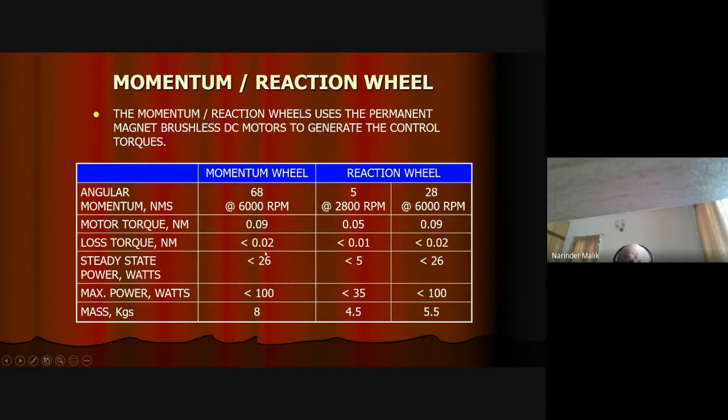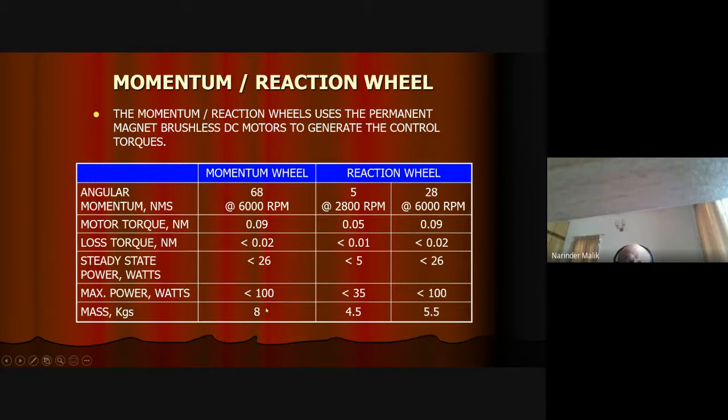And maximum power comes during torquing. When you want to do a control action, you want more torque, and at peak torque and at the peak speed, the momentum wheel consumes almost 100 watts of power, and the reaction wheel consumes 35 watts.